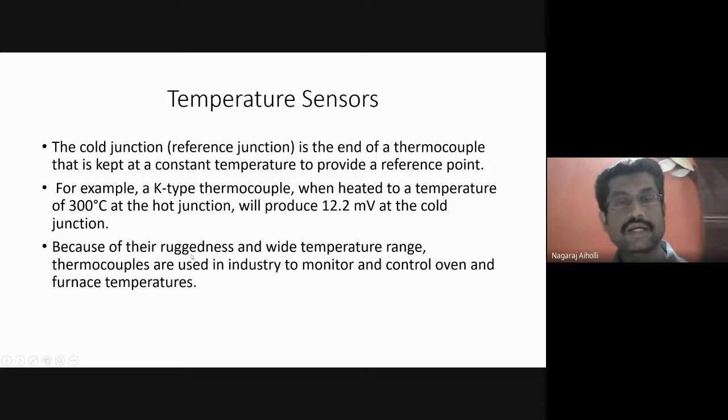And the temperature range it provides is very wide. Because of these two properties, thermocouples are used in industry to control and monitor oven and furnace temperatures.